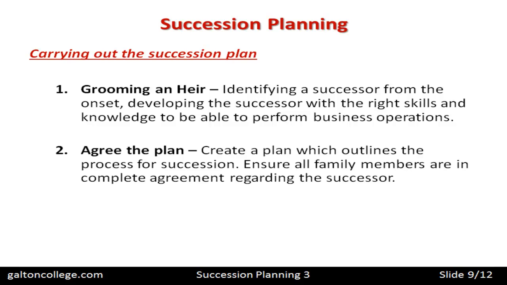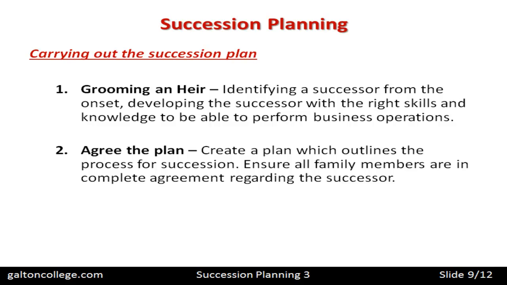Then it's necessary to agree the plan. So there has to be various stages set out in the plan when the successor will join the business. What sort of training and induction will the successor be given? And also it's necessary for the family members, if it's a family business, that they are in complete agreement regarding the successor.